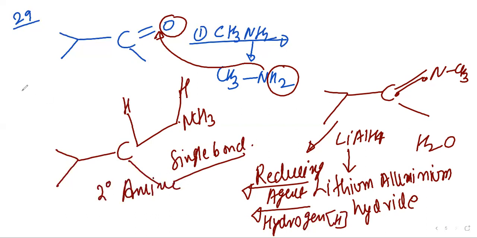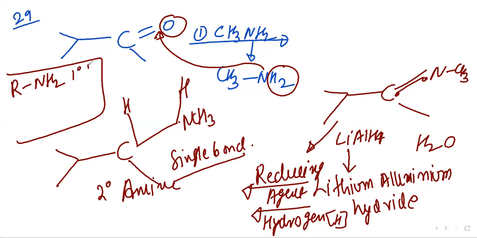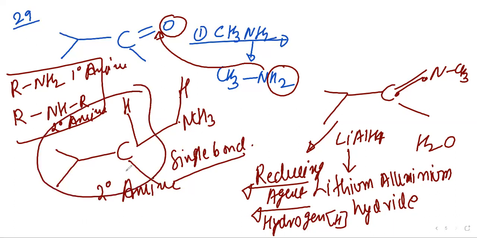And I will give you the general formula for amine. Amine is RNH2. So this is a 1 degree amine. 2 degree amine will be RNHR. So when N is there, this is your R group and this is another R group.